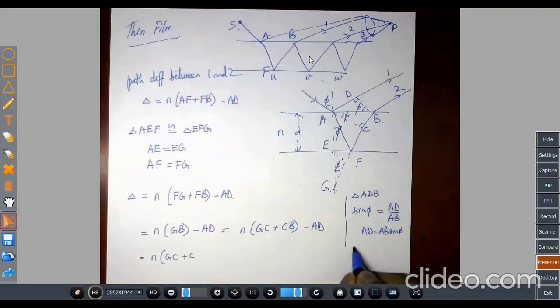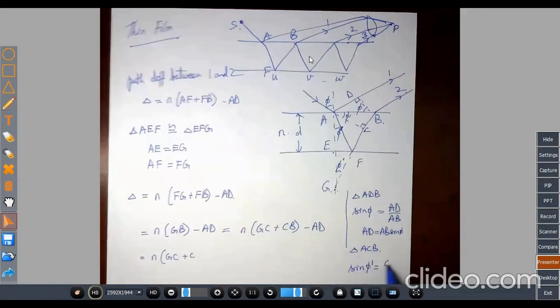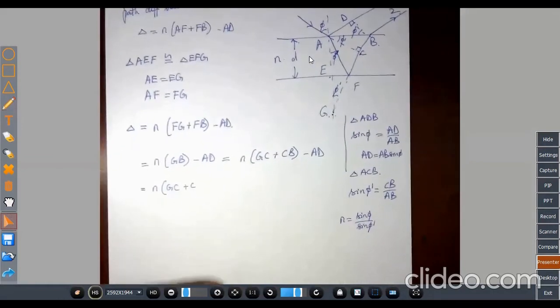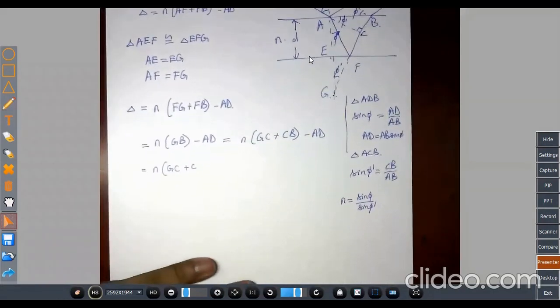Now let us consider this triangle ACB. Here sin phi dash will be equal to CB upon AB. We will divide these two, and from Snell's law this will be equal to the refractive index.